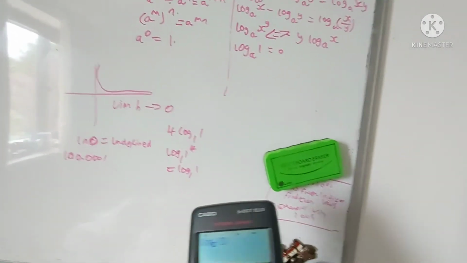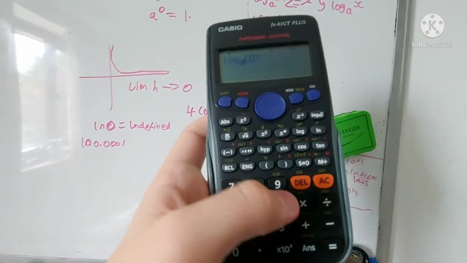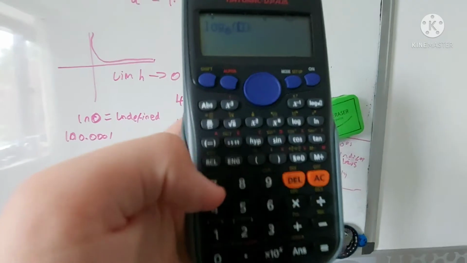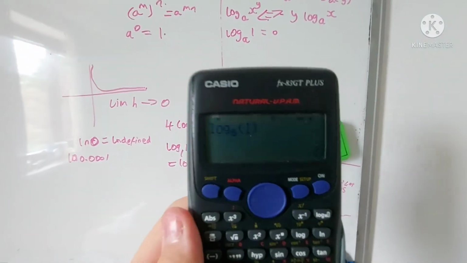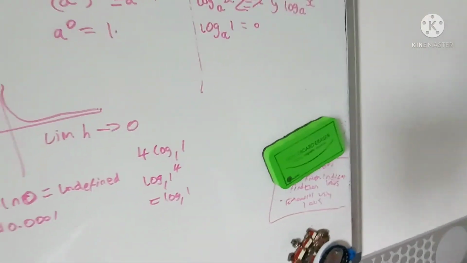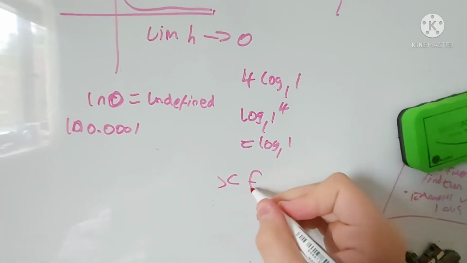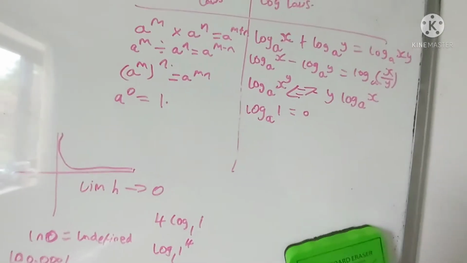So if I try log base 6 of 1, I get 0. You can do this for any value where x belongs to the real values. So that's that one.